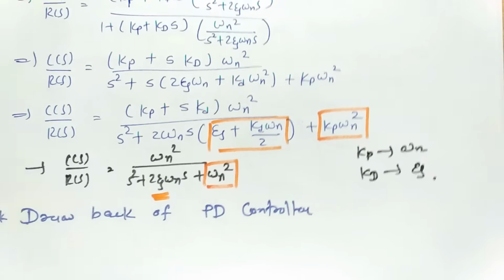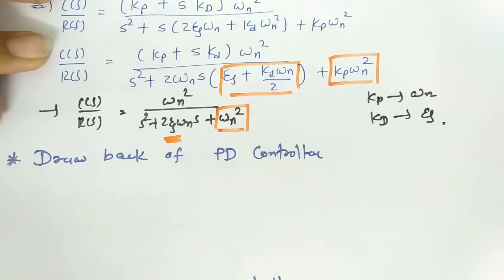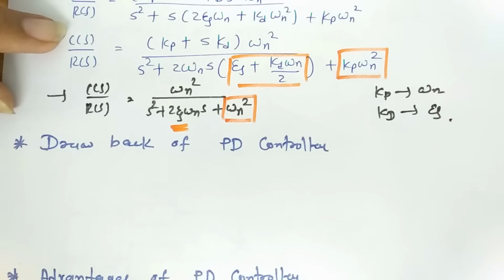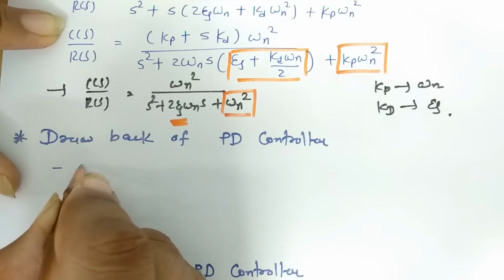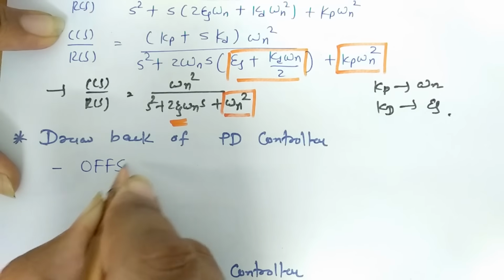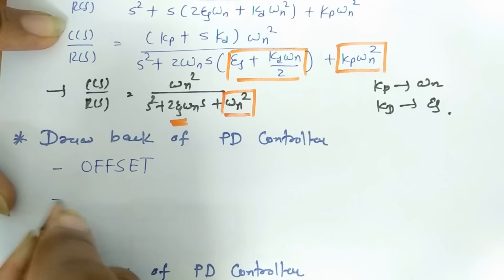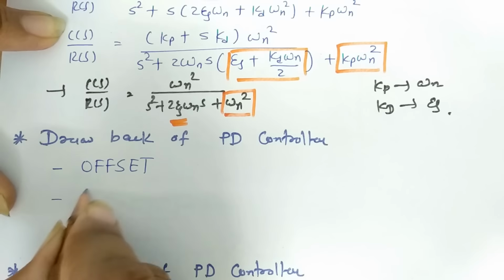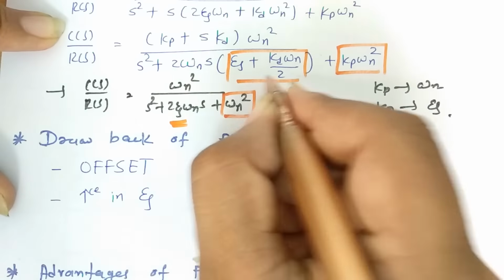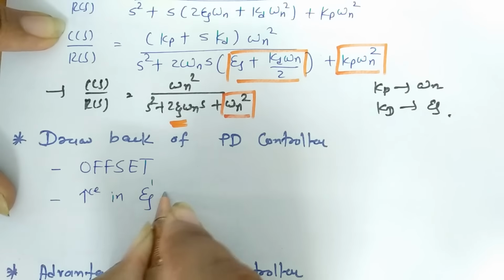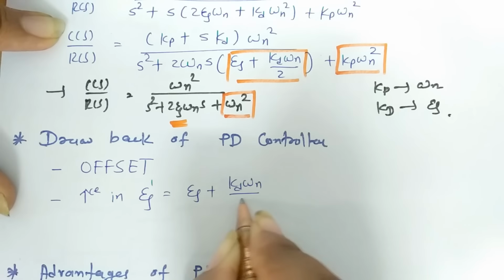Now let us discuss the drawbacks of the PD controller. One drawback is offset, so there will be offset in the PD controller. The other is an increase in damping factor. We can clearly see this is zeta dash, which is actually zeta plus Kd omega n by 2.